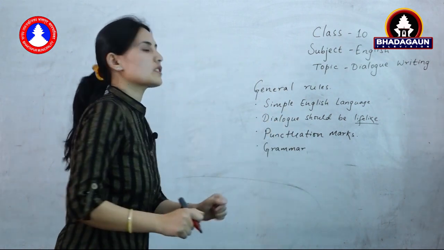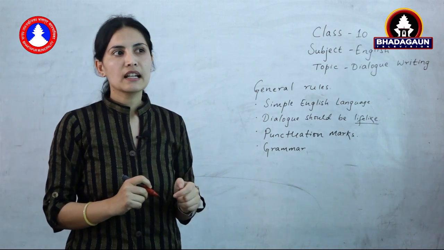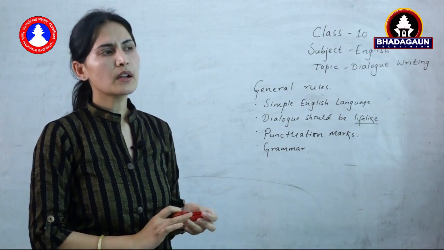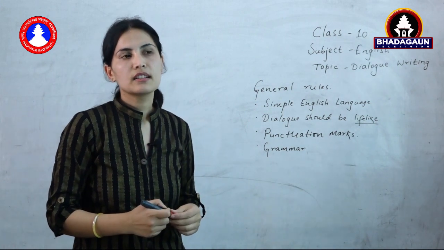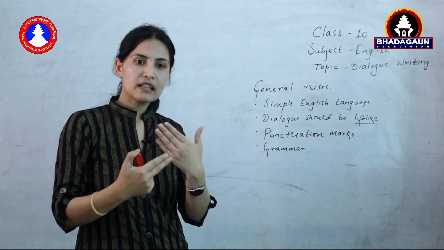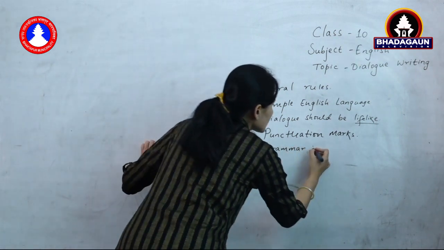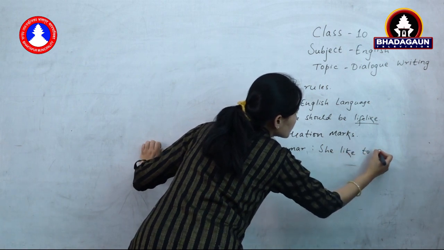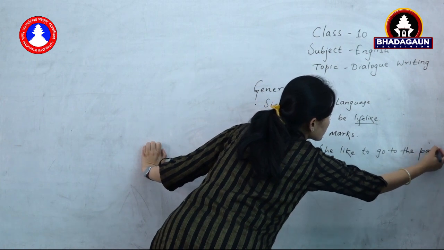You have to focus on the use of grammar. There must be subject verb agreement. For example, you can say, "I don't want to talk with her. She only like to go to party." Superficially we think that the sentence is correct, but here, "she like to go to the party."